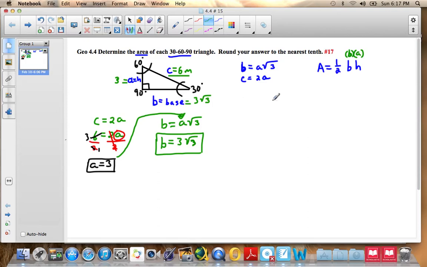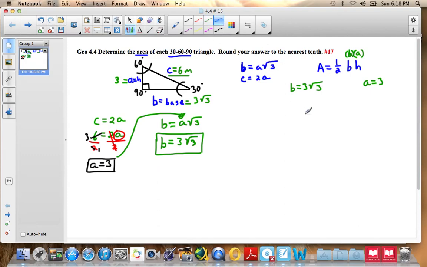So now that I have these numbers, I'm going to have my numbers where A is equal to 3 and B is equal to 3 times the square root of 3, right? And again, my B right here, I found right here. My A is found all the way over here.